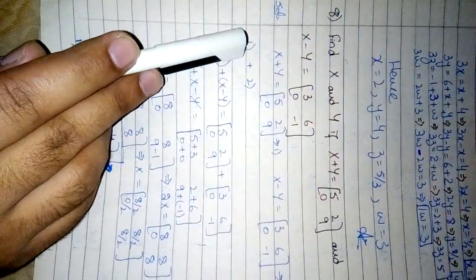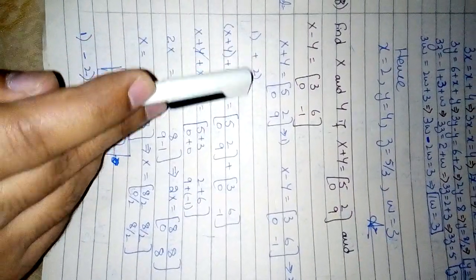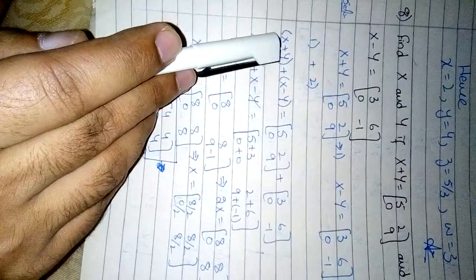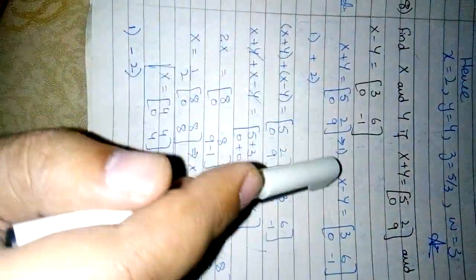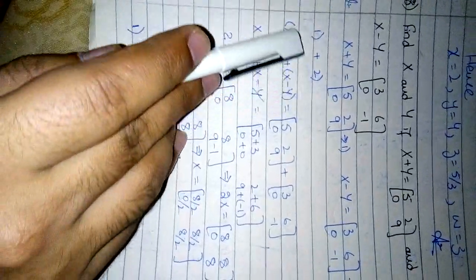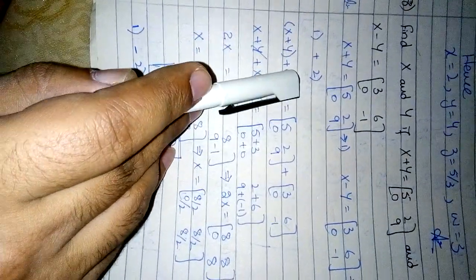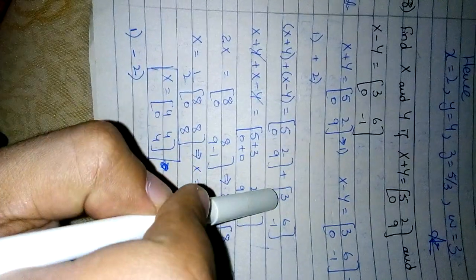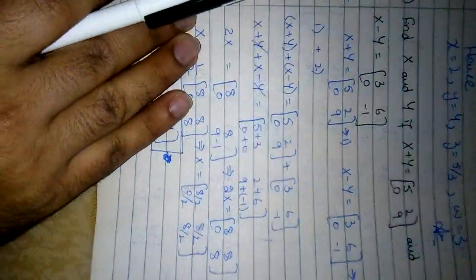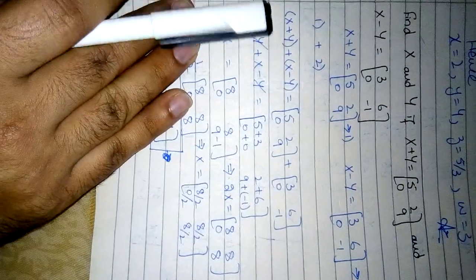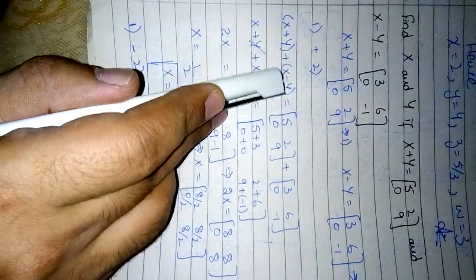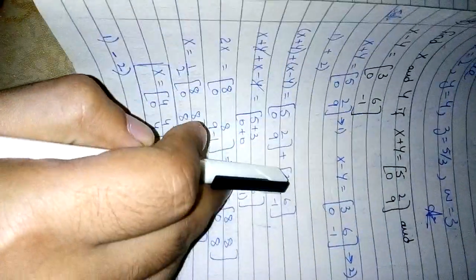If I add these two equations, equation 1 is x plus y, and equation 2 is x minus y. On the left hand side we will write the variables, and on the right hand side we will write the matrices. Right hand side will be added with right hand side, and left hand side with left hand side. So x plus y plus x minus y equals these two matrices.